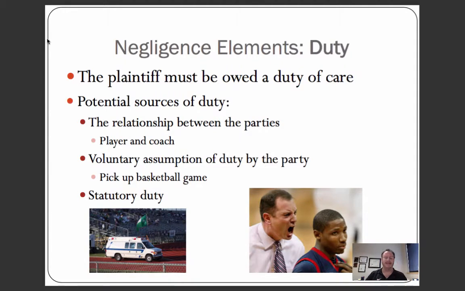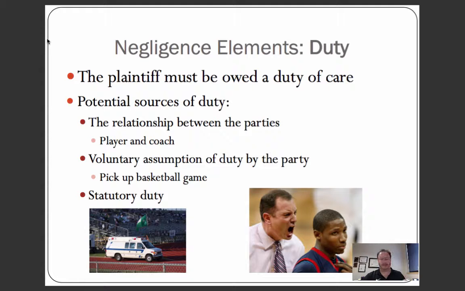You can't make the situation worse. You can't do something that would further injure that person. However, as we'll see, if you do injure that person, you could potentially be liable for negligence because your conduct fell below the baseline standard of care that the person being rescued would have expected, or that the society would have dictated you need to adhere to.